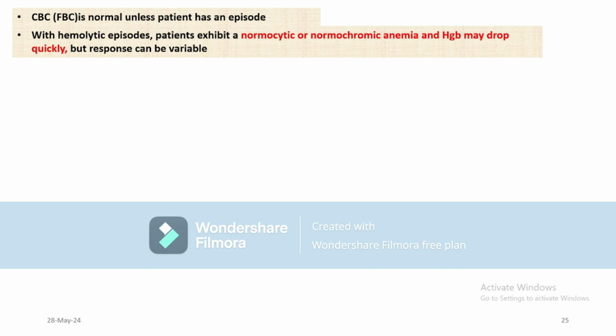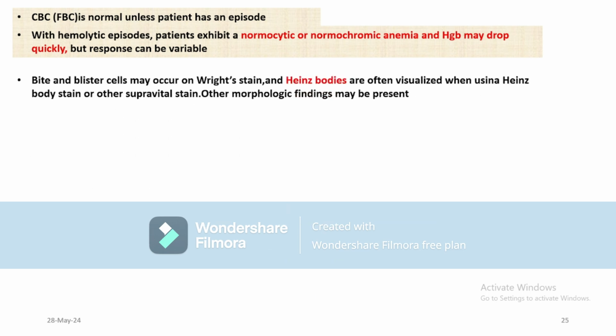Some people even present with hemoglobin level less than 4, some come with 3, some come with 6, and it's very bad. Yes, in the lab we also still see bite and blister cells when we use the stain. Normally we see Heinz bodies and other morphologic findings.